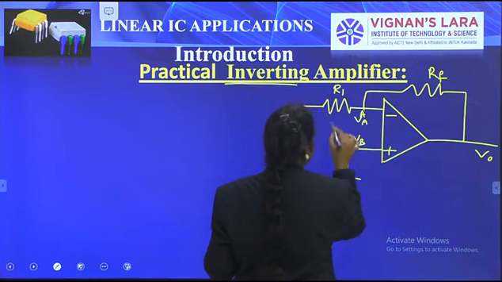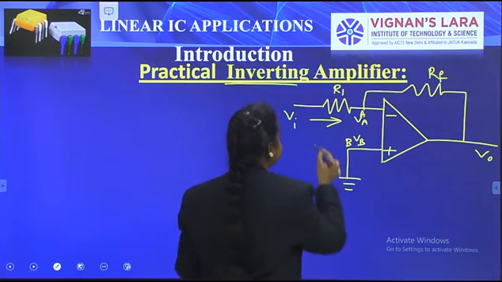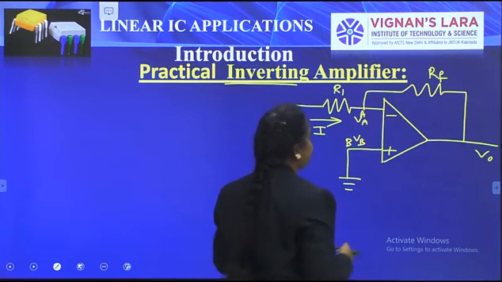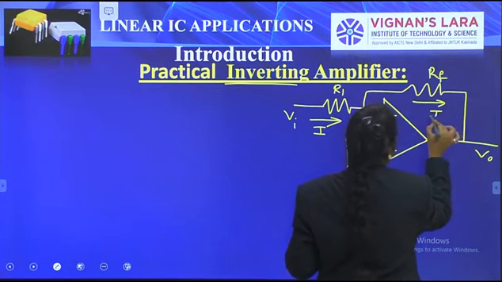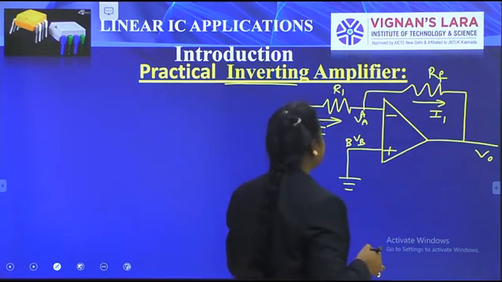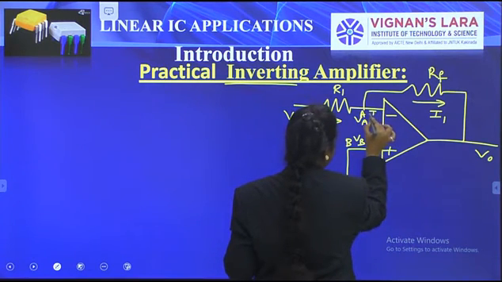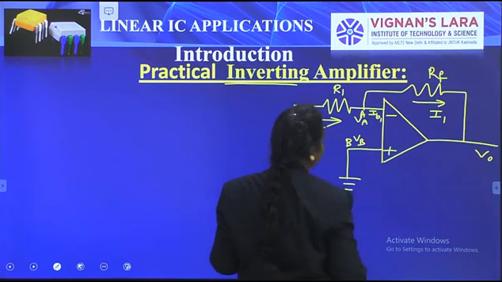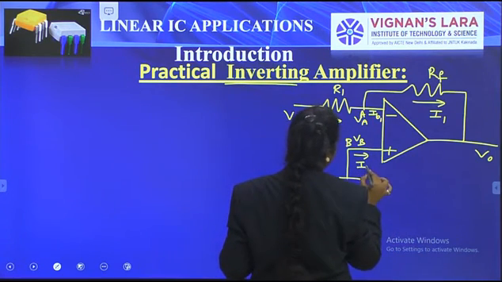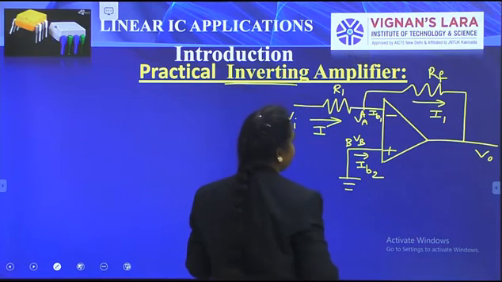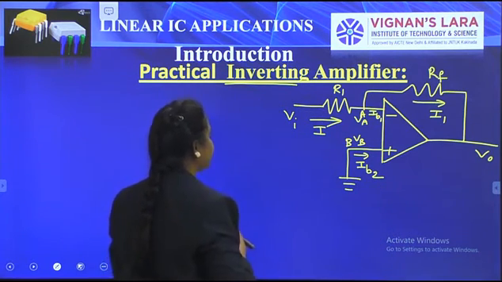The current through R1 is taken as I, the current through the feedback resistor is I1, the current from node A into the inverting terminal is IB1, and the current into the non-inverting terminal is IB2. So I have this circuit for the practical inverting amplifier.